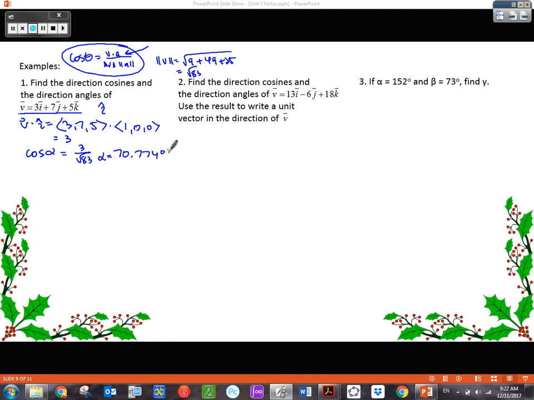70.774 degrees. Then for cosine of beta, we're going to go straight from the formulas on the other page instead of creating it the long way. The formula tells us to take my y component, 7, and put it over the magnitude.